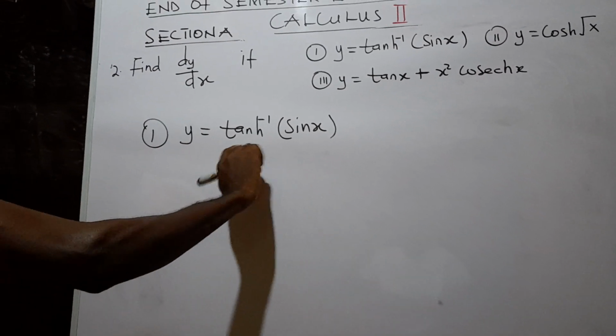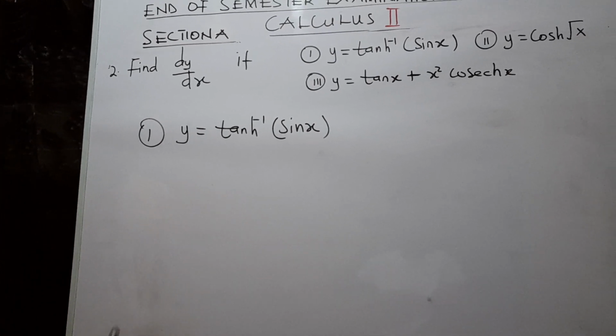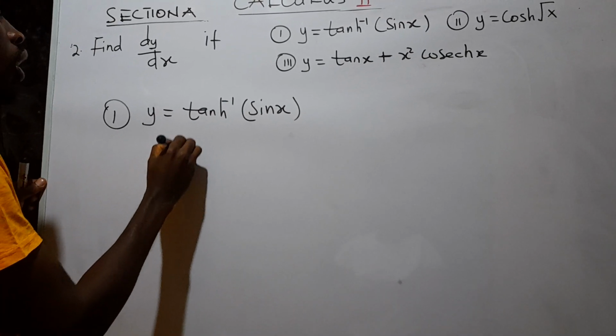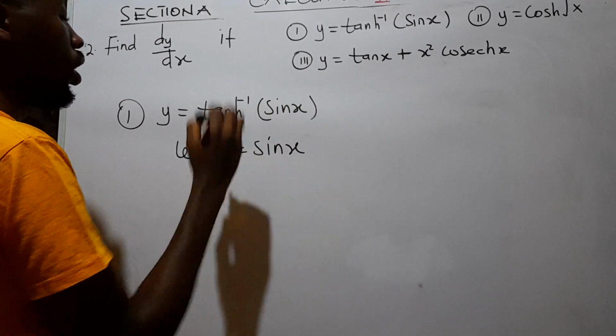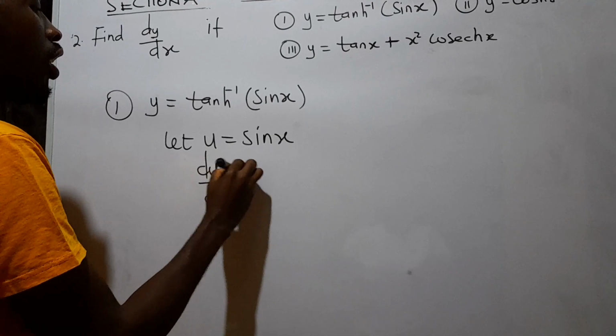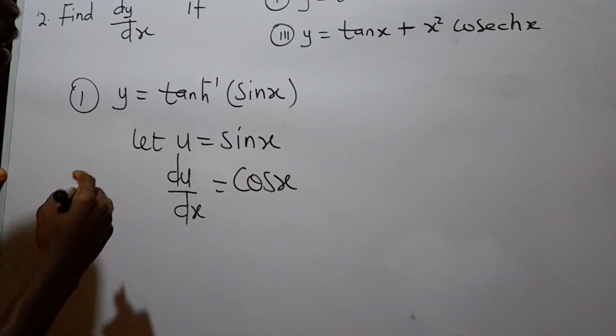So this involves the derivative of inverse hyperbolic functions. So we use the chain rule to do that. Let u be equal to sin x. Upon that, we find du over dx. Remember when we differentiate sin x, we get cos x.